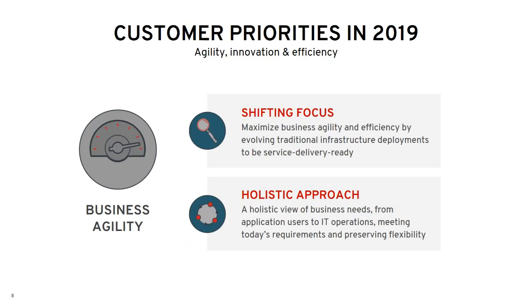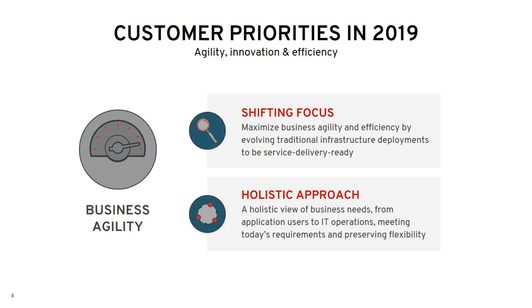They need a very resilient environment for their successful business model, right? So how can they achieve that shifting focus? Maximize business agility and efficiency by evolving traditional infrastructure deployment to be service delivery ready. See, they want to focus on their business, their line of business, not on IT infrastructure all the time.